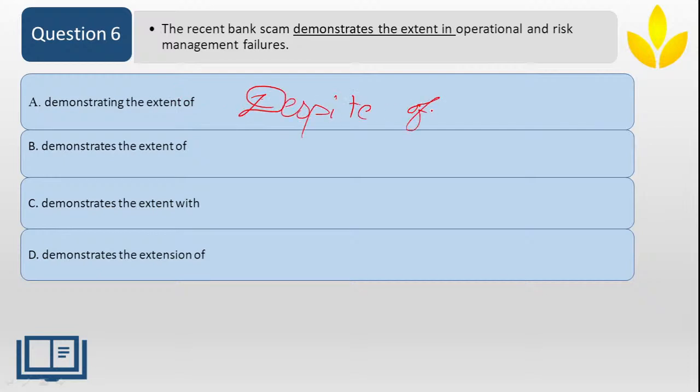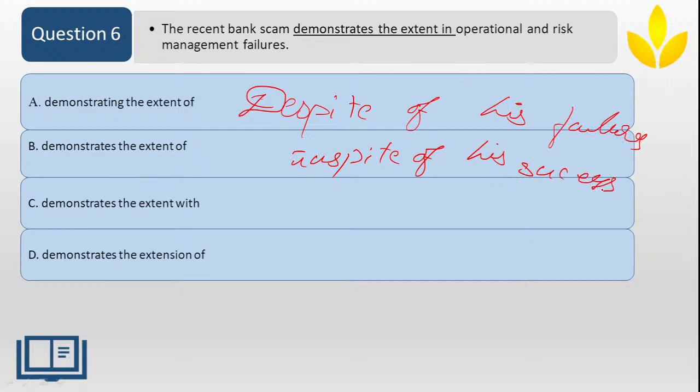Despite of, in spite of his failures, in spite of his success. So of gives meaning to the person or subject.